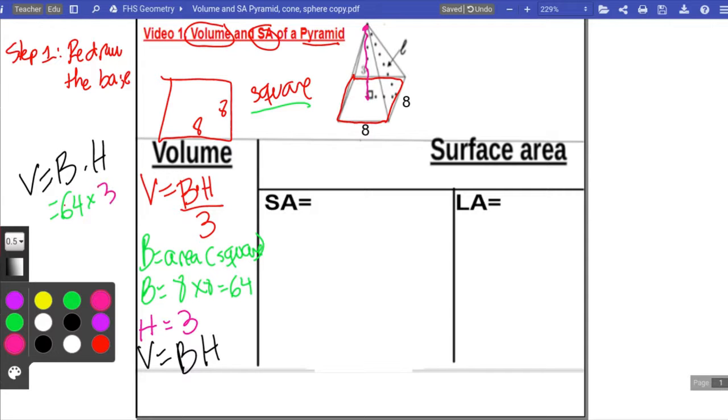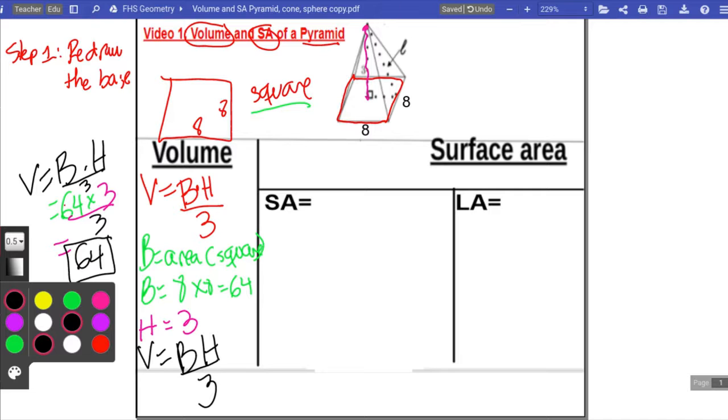The height is 3. I did forget to divide that by 3. Don't forget that you're dividing by 3. So when you do all of that, your answer comes up to be 64. That is the volume.